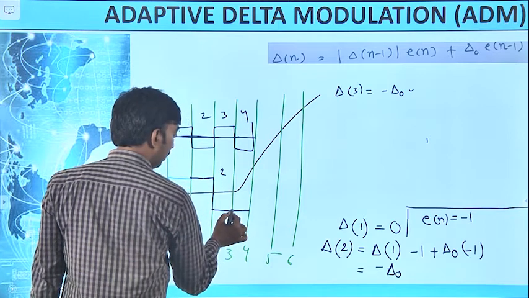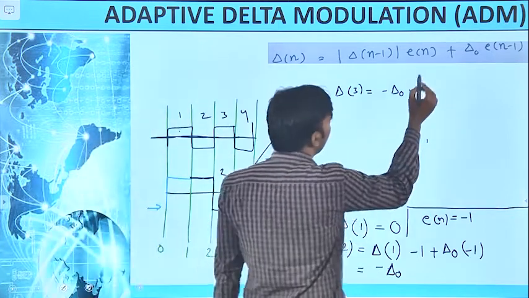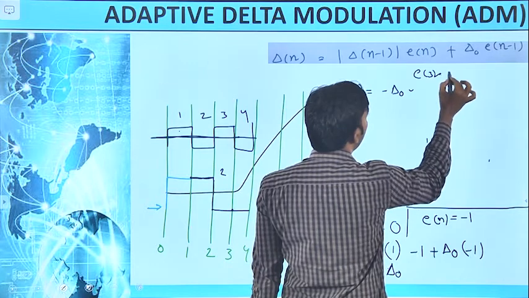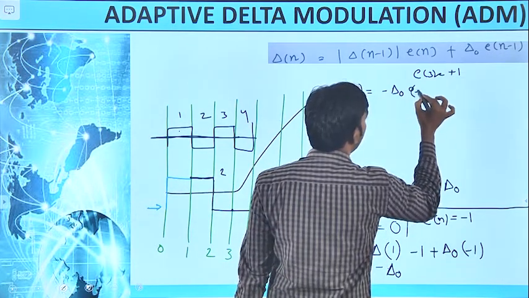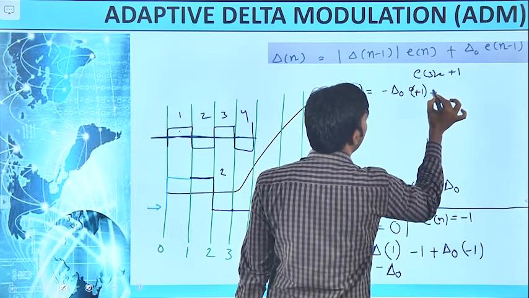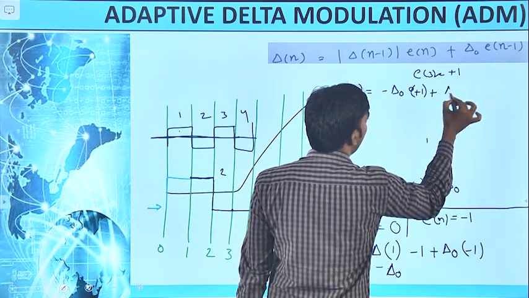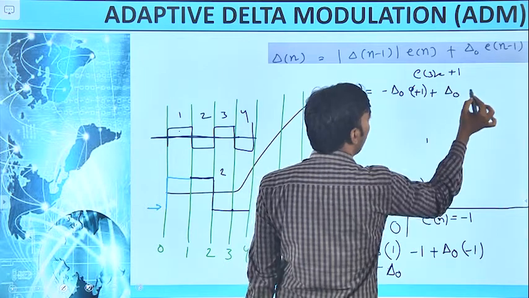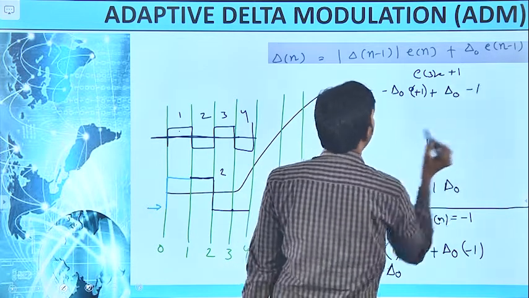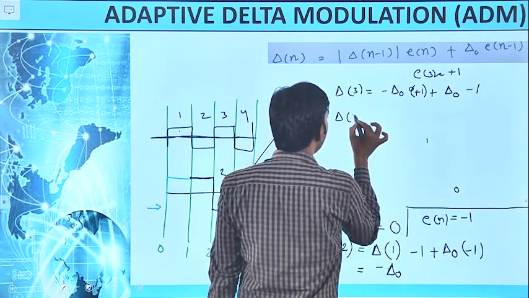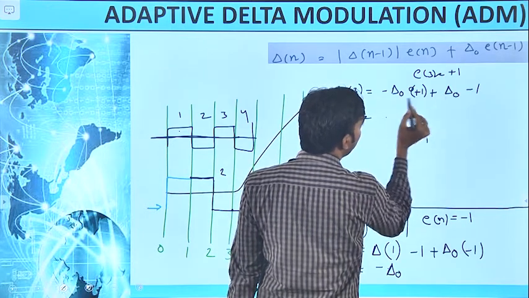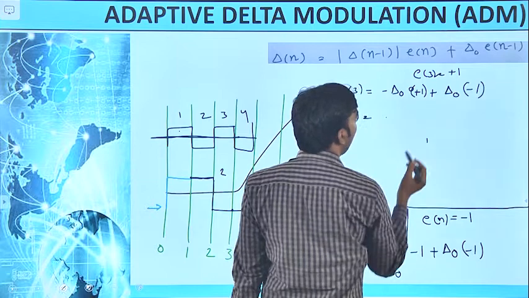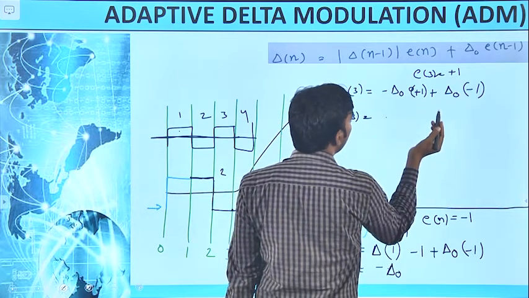At this condition it is plus 1. E of 3 is equal to plus 1, right? This is plus 1 plus del naught. E of n minus 1 is minus 1. So del of 3 is equal to minus del naught into minus, right?